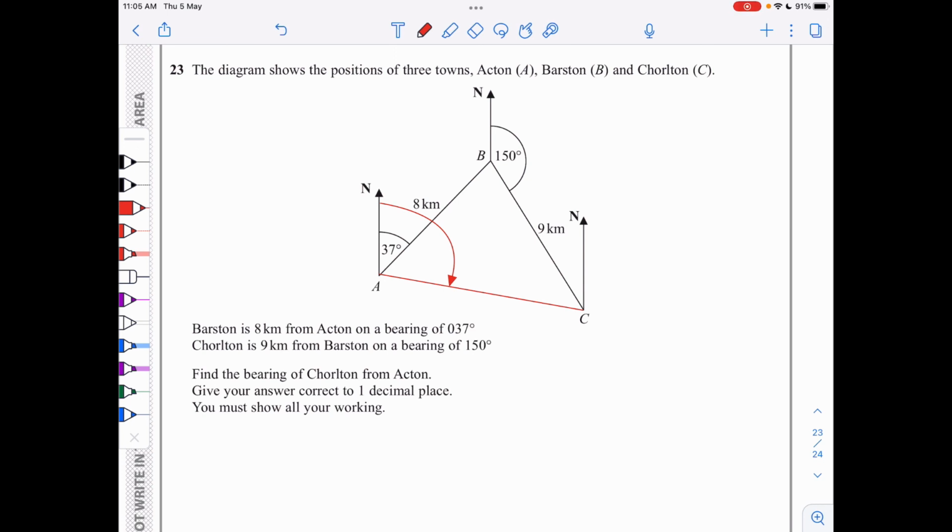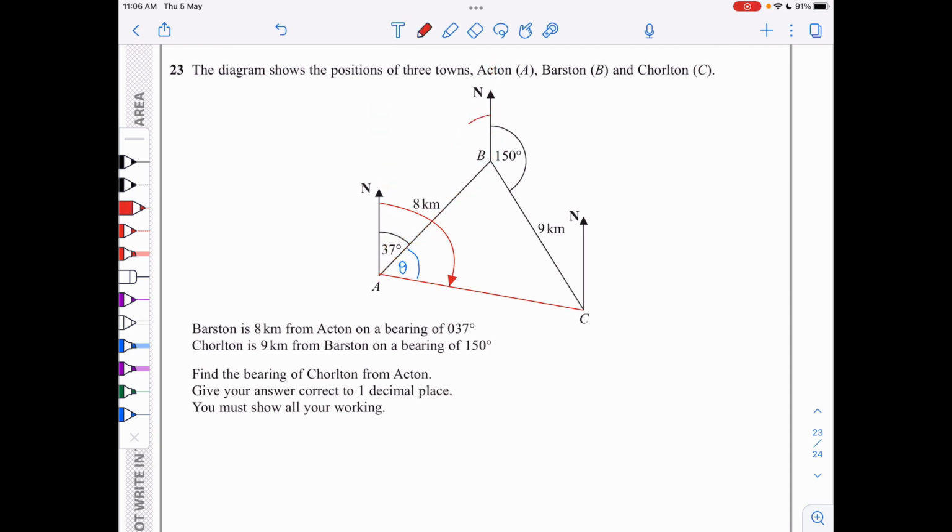So I think it's a good idea to call this theta, because once I find theta, I'm going to be adding 37 and I will be done. Now, if we just look at A and B, we see that the norths being parallel, this angle here is interior with the 37.